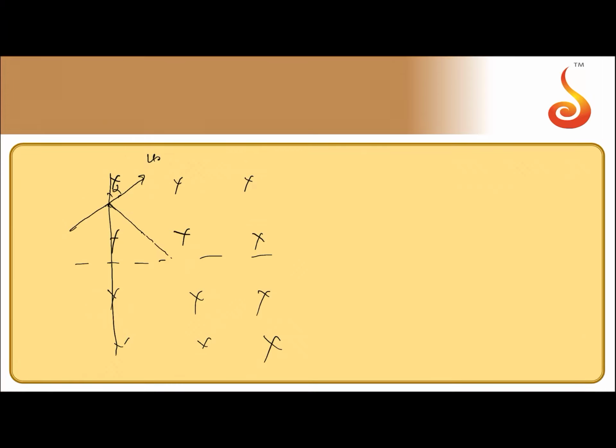So it will move in a circle because v is perpendicular to B, so path will be circular and the center of the circle will be somewhere on this line, and radius of the circle will be mv by qB. There is no doubt about that. So if we draw the trajectory, it will be something like this.